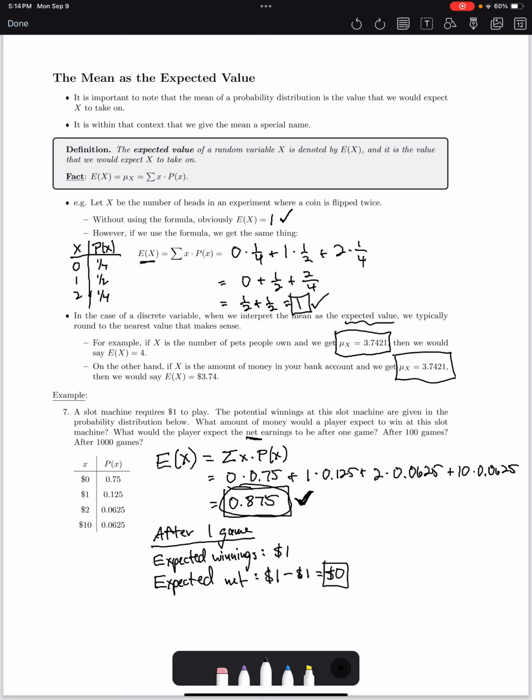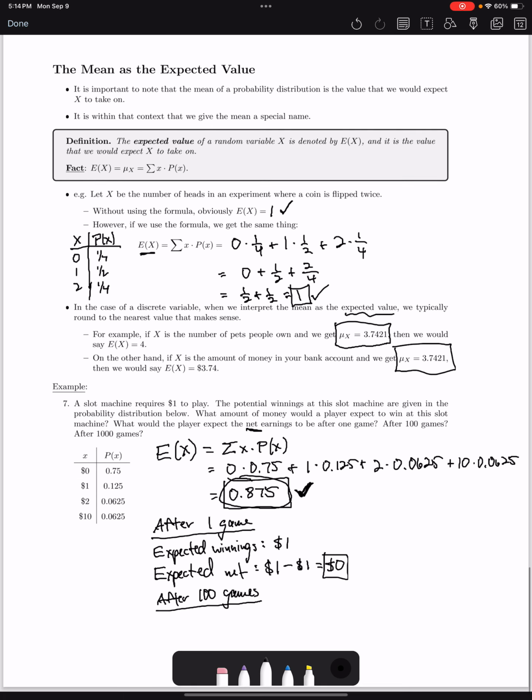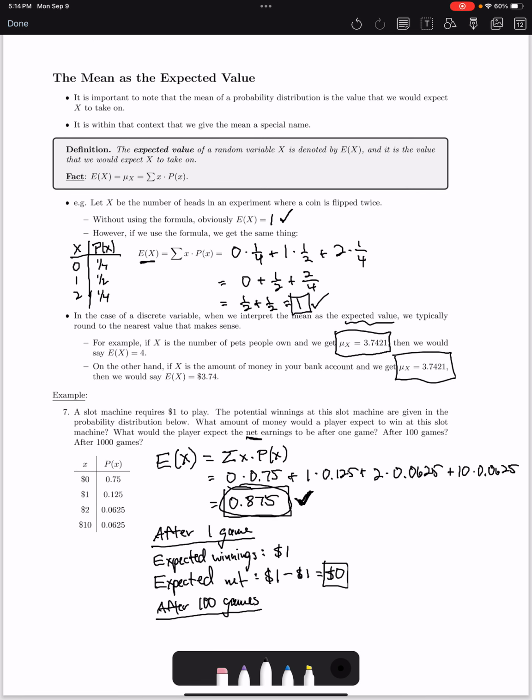What about after 100 games? So after 100 games, well, now your expected winnings are going to be 100 times as much, right?